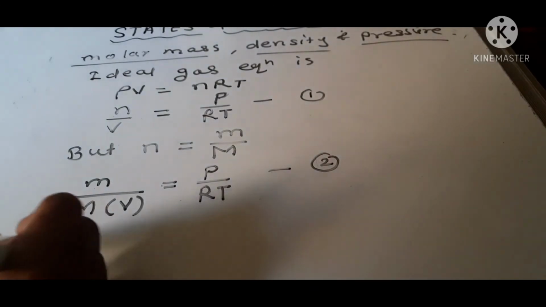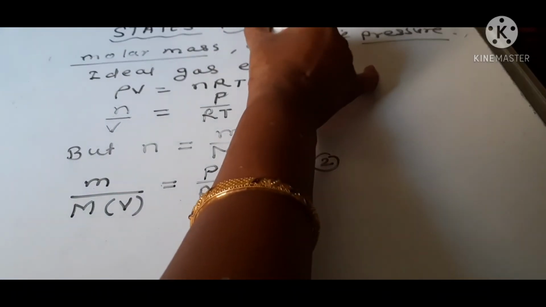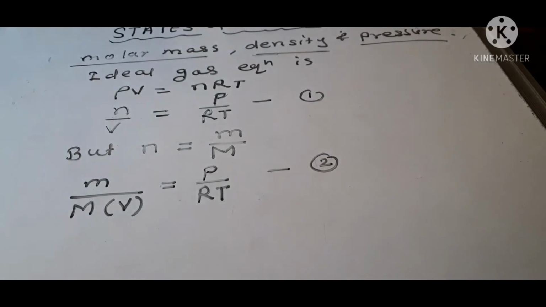But density, what is the formula for density? Density is the mass per unit volume.